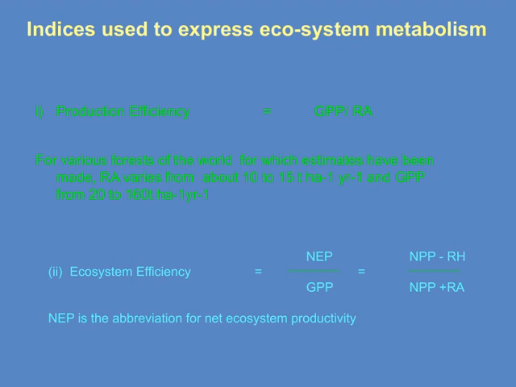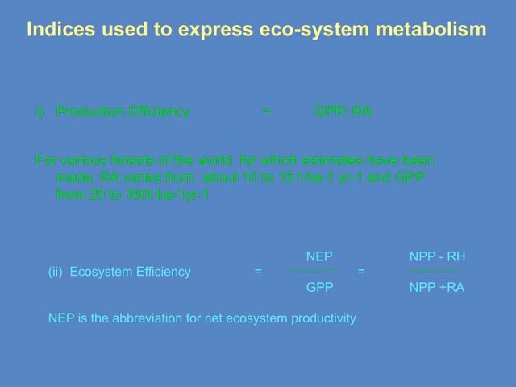For various forests around the world, estimates show that RA typically ranges from about 10 to 15 tons per hectare per year, while GPP can vary significantly from 20 up to 160 tons per hectare per year. This variation reflects different forest types, climates, and productivity levels.